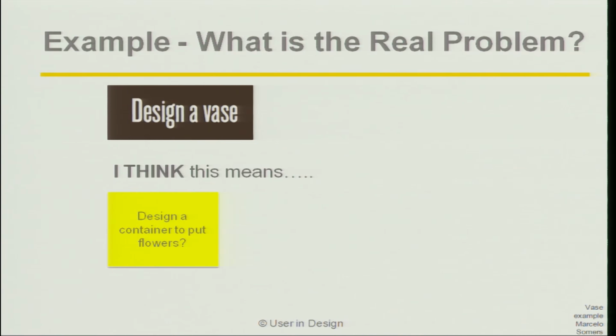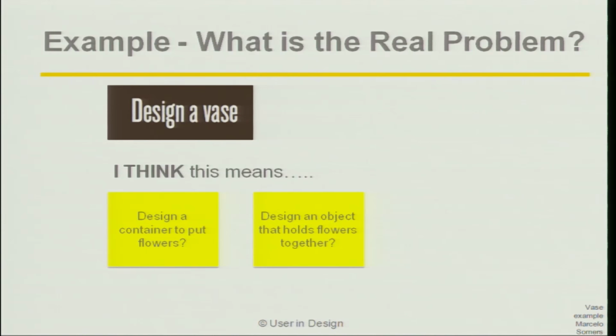Container could be anything, right? Then you think further and say, maybe perhaps it's about designing an object that holds flowers together. Okay? Remember, we're changing the perspective, the view a little bit every time.